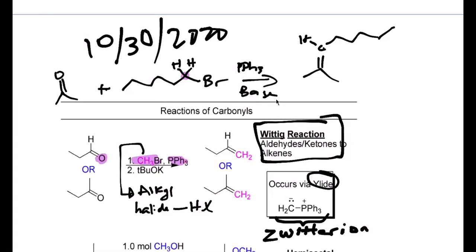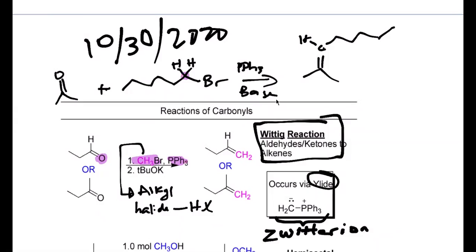All right. Again, you can do this on aldehydes or ketones. There are other methods if you want to convert an ester to an alkene. You can do it, but there are other methods for doing it. But this method is specific for aldehydes and ketones.